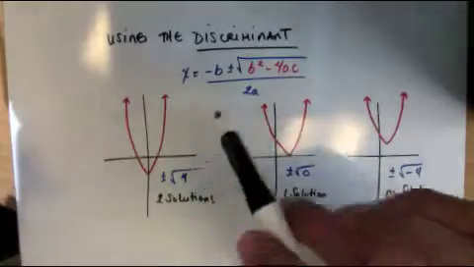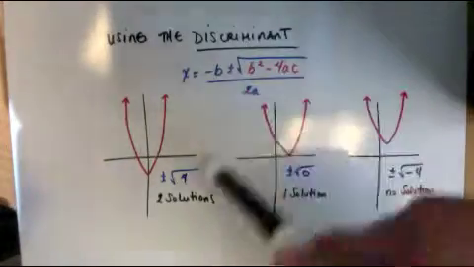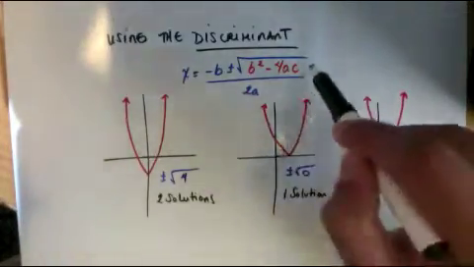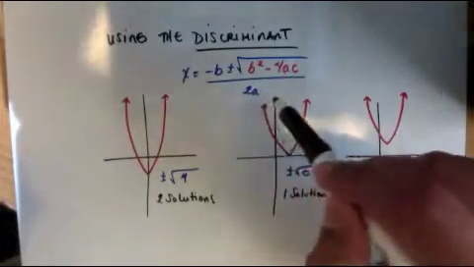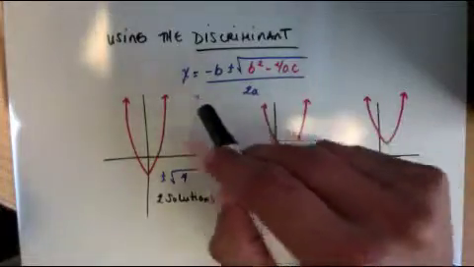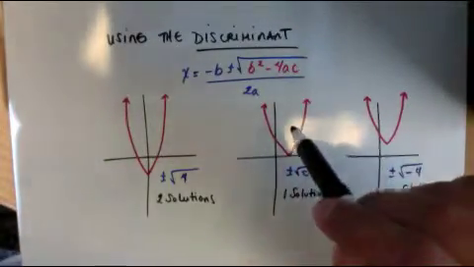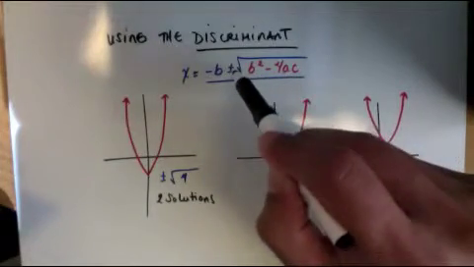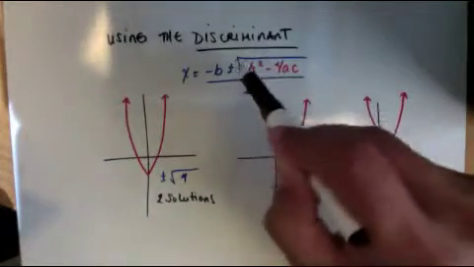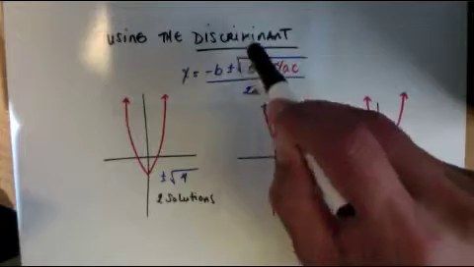Hey guys, today we're going to talk about using the discriminant, and this has to be talked about with the quadratic formula. You notice here I have my quadratic formula, and this middle part on the inside, underneath the square root, is called the discriminant.